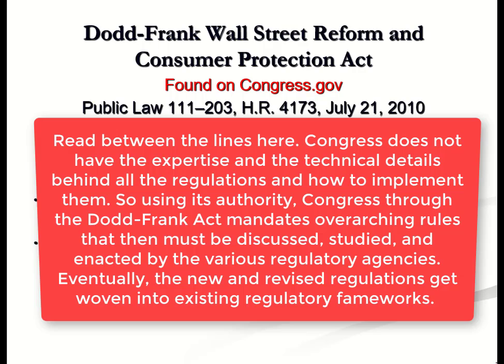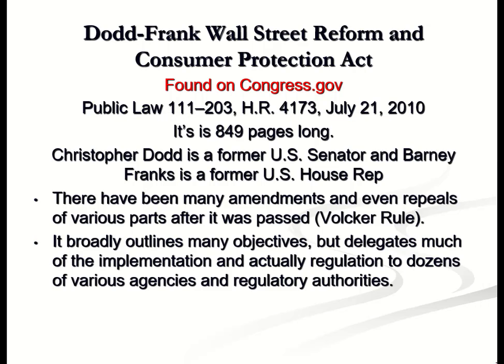And it requires many studies to be performed, and those studies and the other regulations run into thousands of pages. Not only that, but there have been many amendments to the Dodd-Frank Act, and various parts have been repealed, amended, and changed over the years. Even as late as the summer of 2020, the Volcker Rule was changed to soften the negative effects on bank profitability, or so the banks claim.